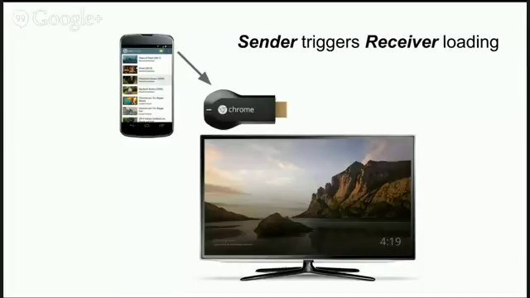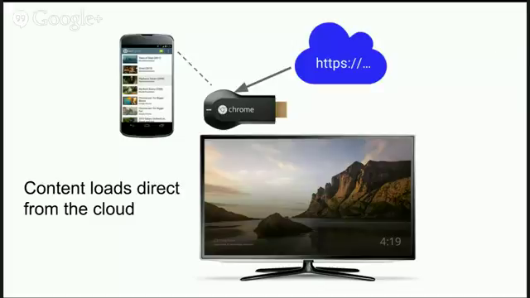So once the sender app has triggered the receiver app to load on the Cast device, like the Chromecast shown here, there's lots of options for how you can control the Cast device. The Cast device itself runs standalone, so you can tell it to load things like media streams from an HTTP URL somewhere.